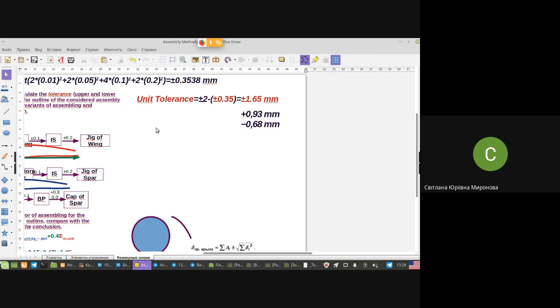The last step is to compare the tolerance, your limits, red color, with the obtained values of possible dispersion of assembly errors. In case limits are equal or more than errors, you may use it in manufacturing.